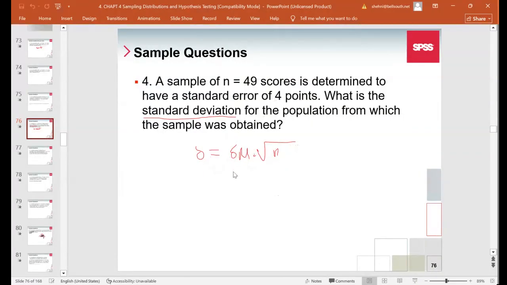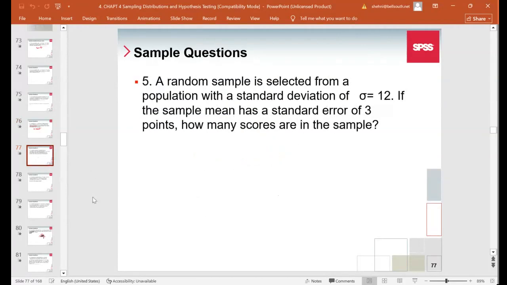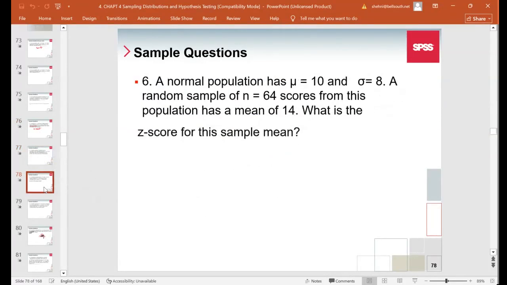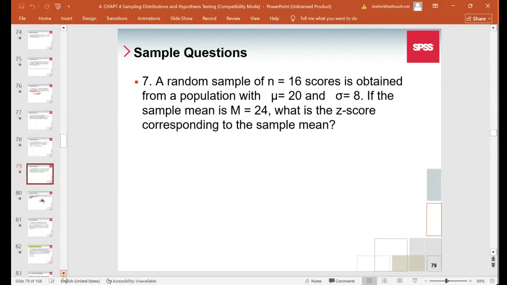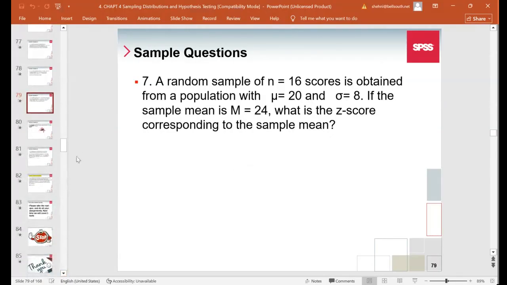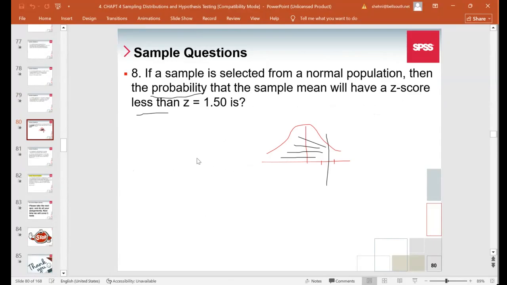Be careful what they are asking, whether they're asking for a standard deviation like this one or a standard error. That's one thing you need to be careful about. Try them. Again, if you have any problem, let me know which one you got stuck on. Once you feel comfortable with this, you should be able to take that quiz and you're ready for the midterm.